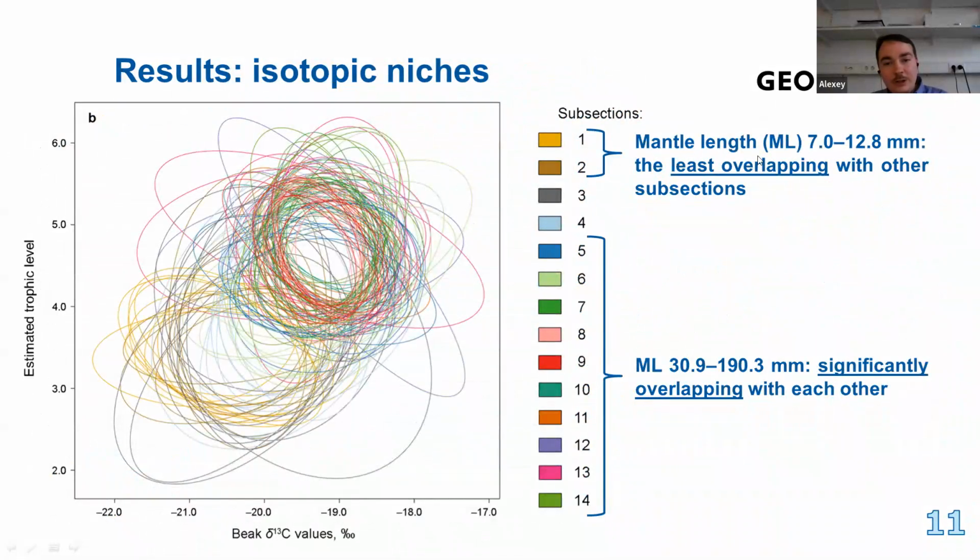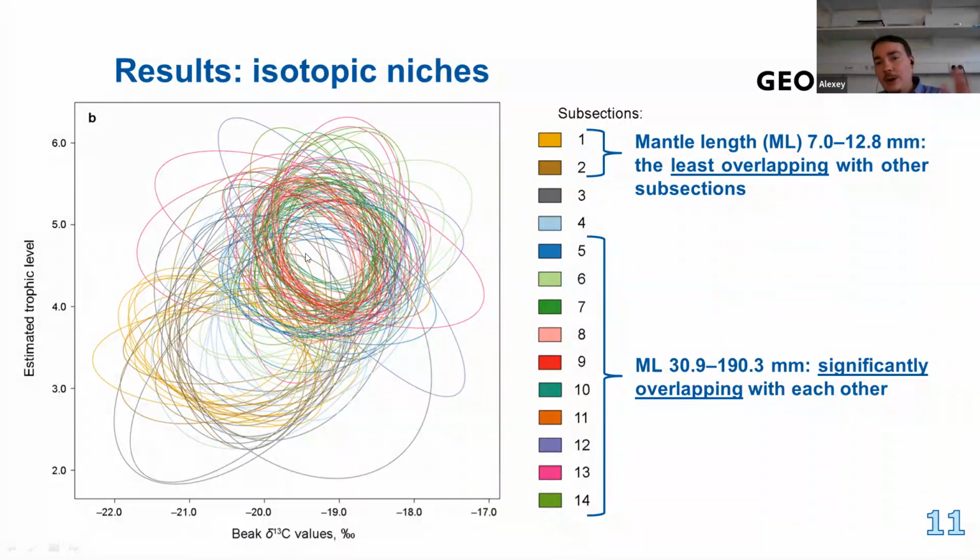If we apply isotopic niches, so these are subsections from 1 to 14, and subsections 1 and 2, when the squid is small, are very different. And as the squid grows larger, from subsections actually 5 to 14, they are very similar to each other.